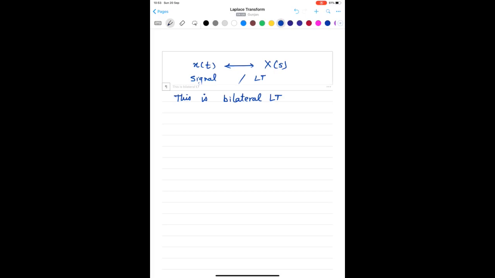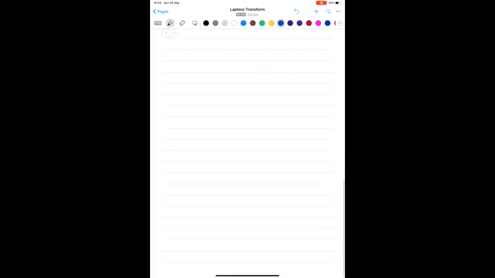One important thing which you need for Laplace transform is region of convergence, or you can say ROC.